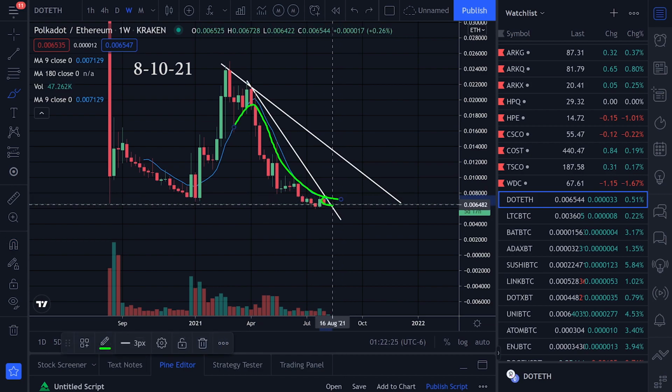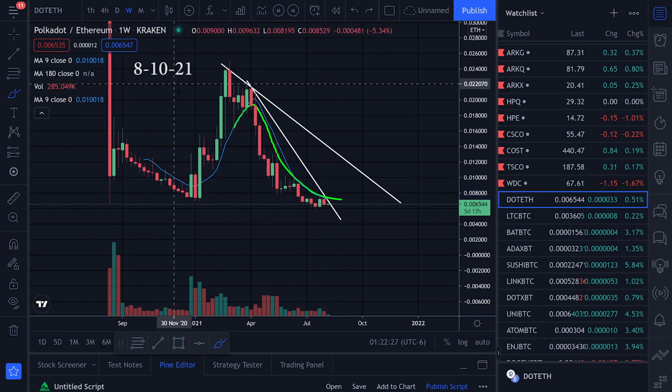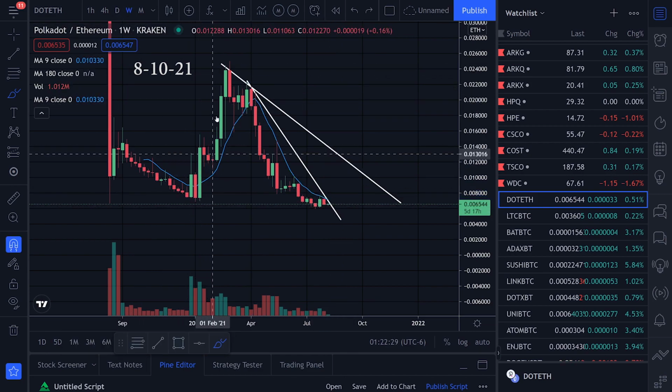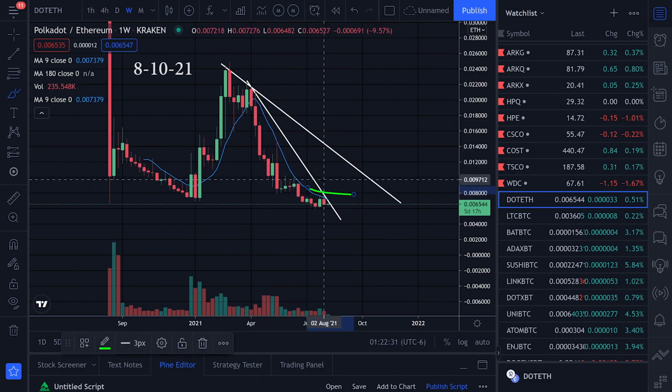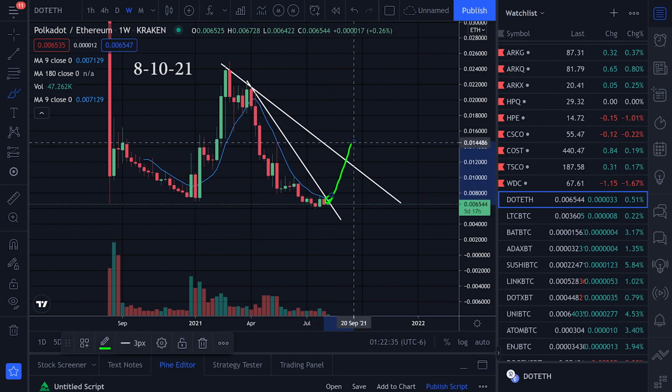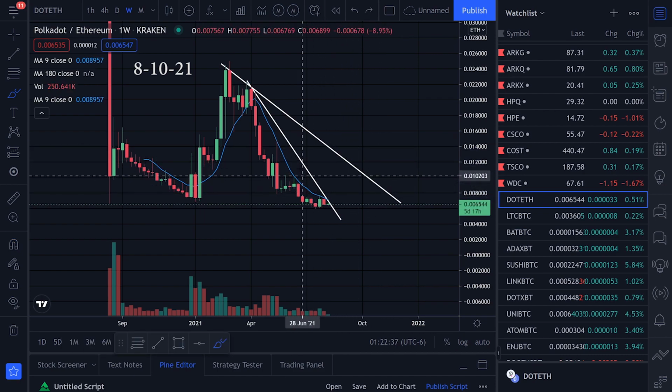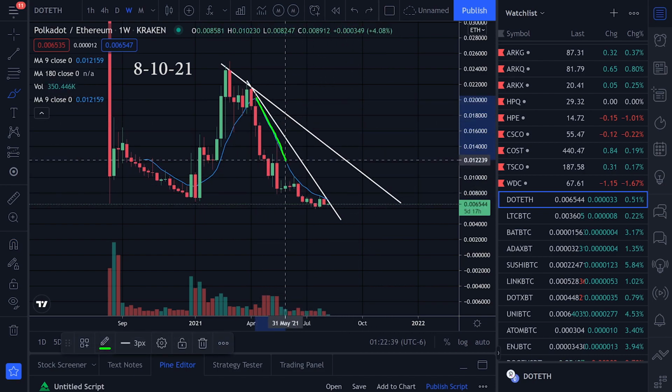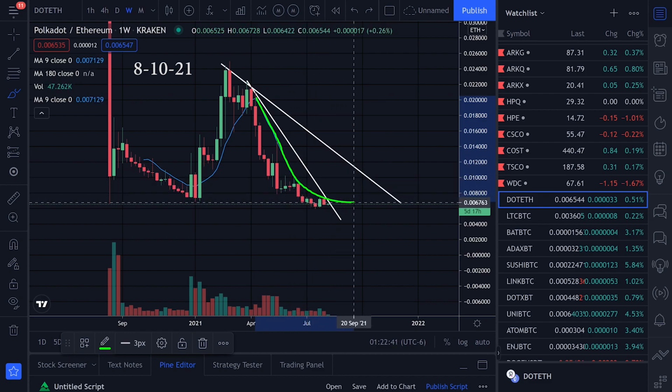If we could get a breakout, this is on the weekly time frame, so this would be a bigger pump, or maybe a longer one. I don't know, we'll see. If you like Polkadot, I'll just say watch this chart and see if we break above this on the Polkadot to Ethereum.